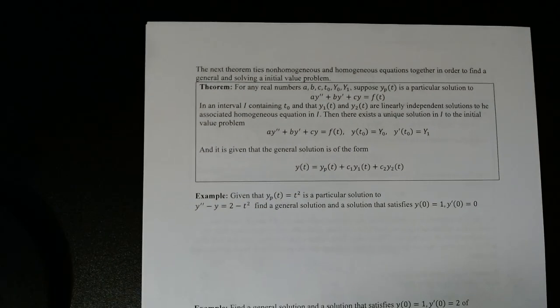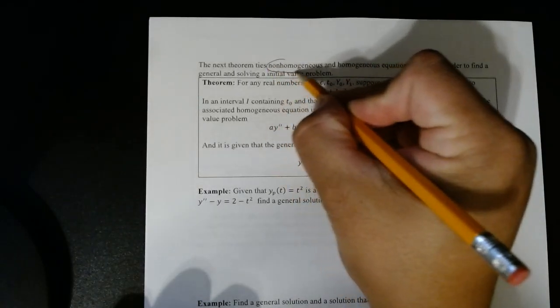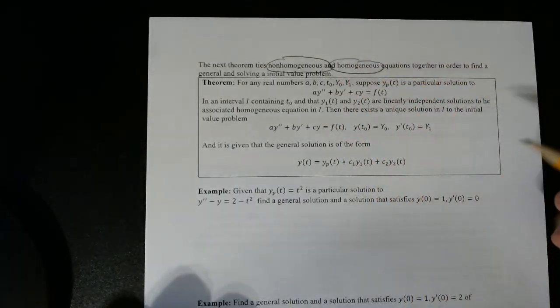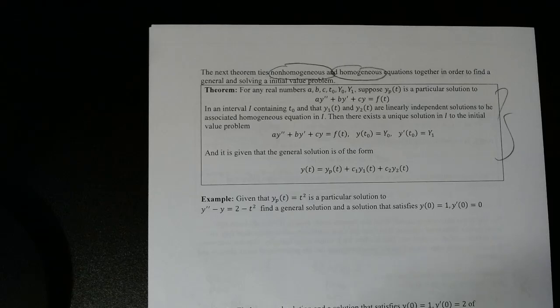Now let's talk about the initial conditions, solving for an actual initial value problem. Okay. So to solve an initial value problem with these kinds of situations, we're going to put both the non-homogeneous and the homogeneous parts together. Okay. So it basically summarizes in this theorem.